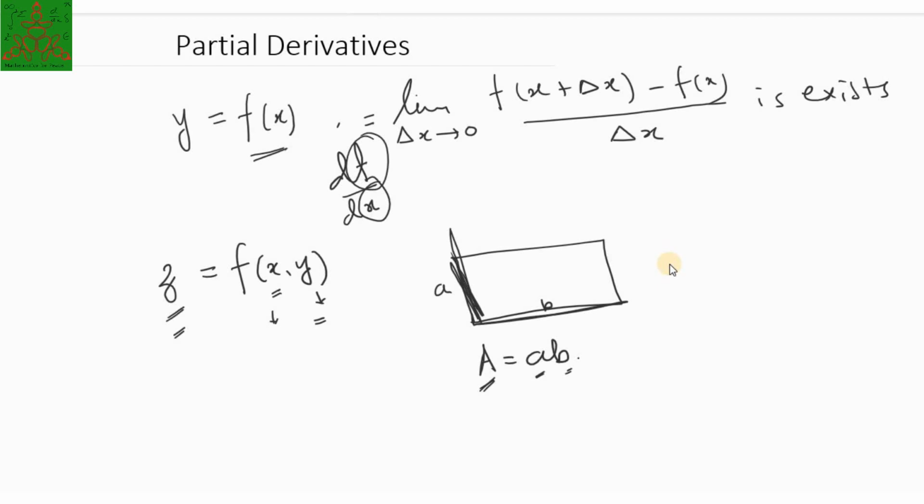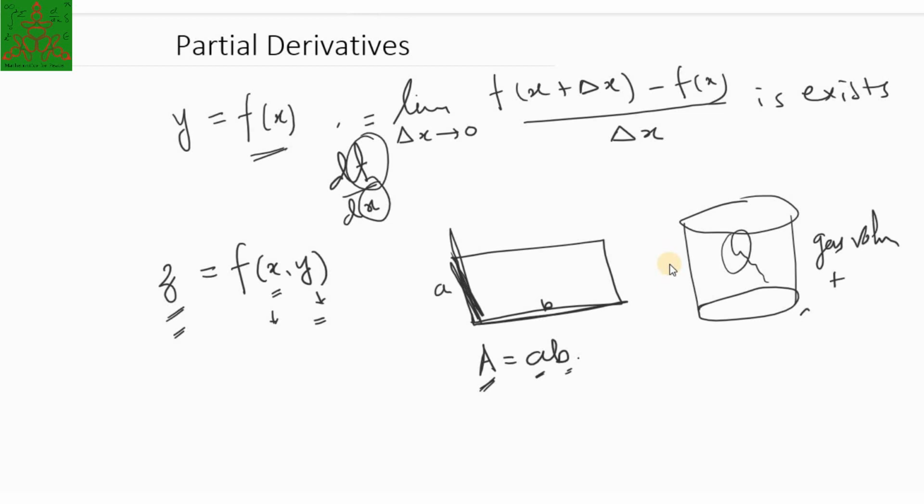Same example if I consider in physics. Suppose I have one gas chamber in which a gas is filled up, and whatever pressure is created in this chamber depends on two things: the gas volume and the gas temperature.